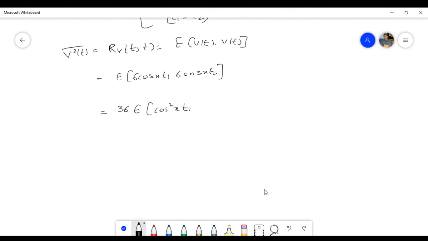Oh, sorry, it is not t1 here. It is t only, right? Because the function is the same function here, cosine t and cosine t, and this will also be t.